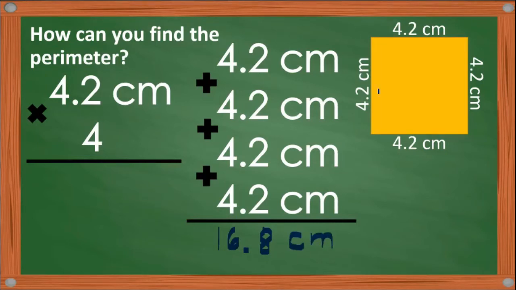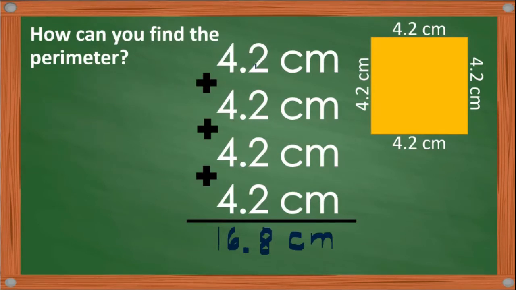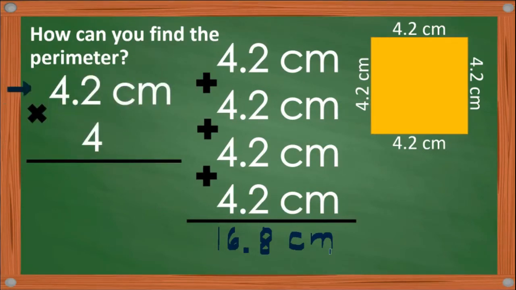Let's apply now. How many sides do we have in a square? We have 4. So, what is the value of each side? The value is 4.2. And then, how many 4.2 do we have? Nasaan yung 4 na yan? Bibilangin ko. 1, 2, 3, 4.